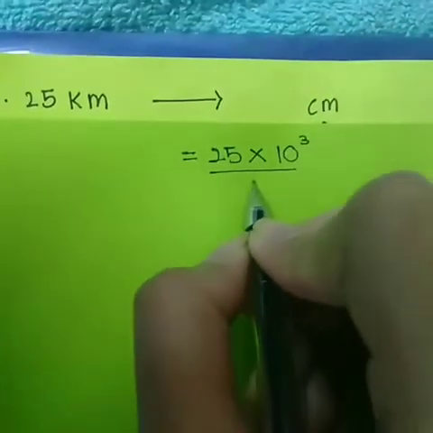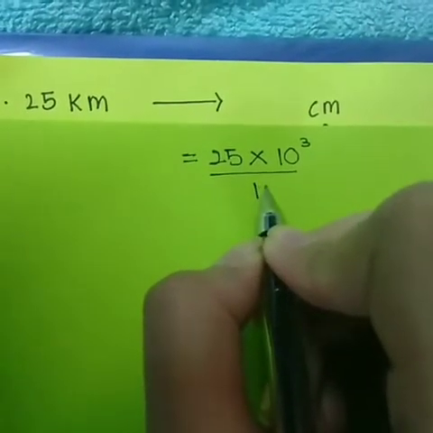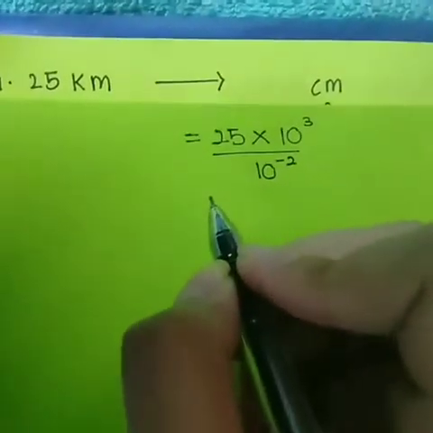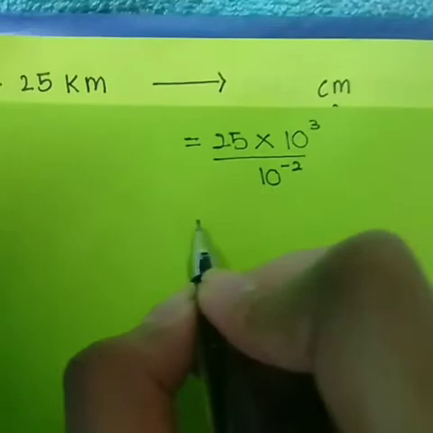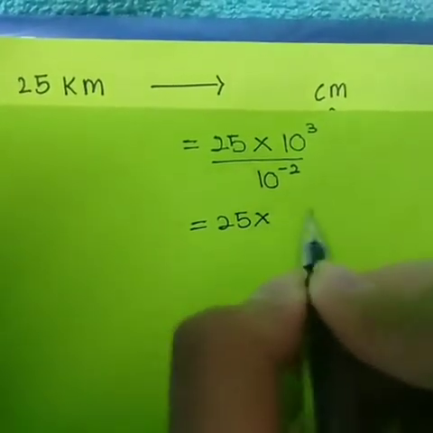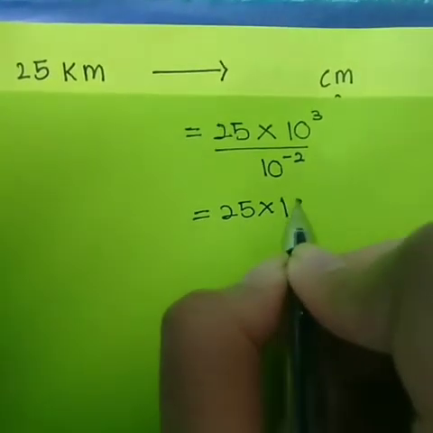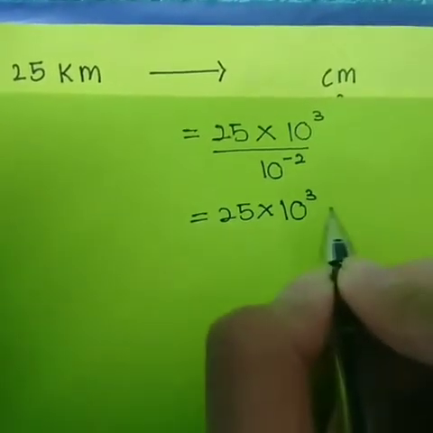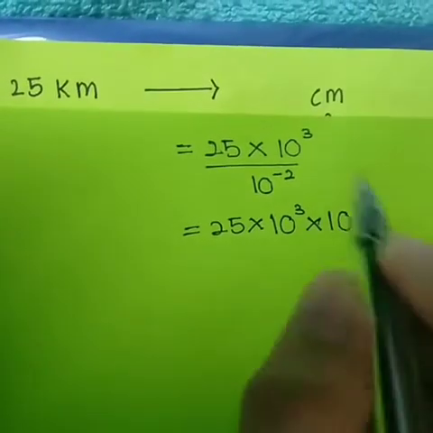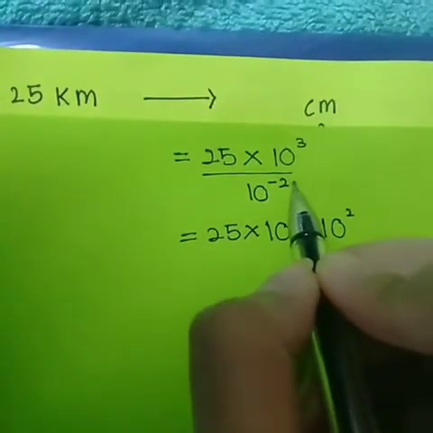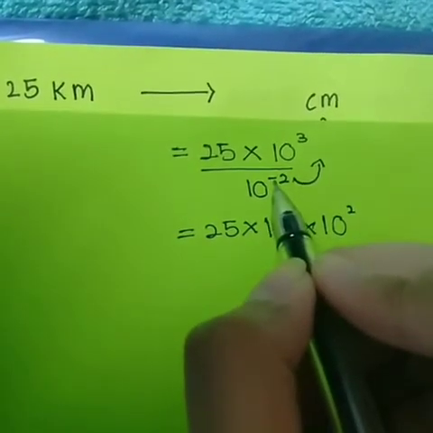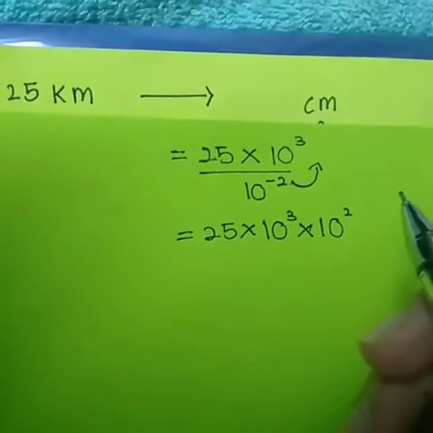So centi is 10 to the power of -2. So we get 25 times 10 to the power of 3 times 10 to the power of 2, because it's -2, we go like this, so -2 becomes 2.